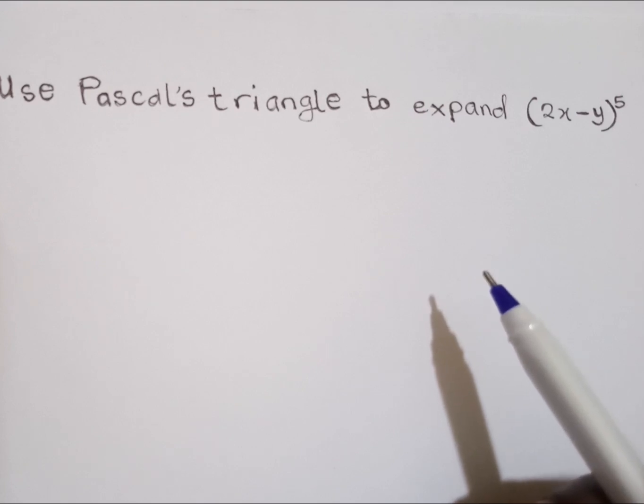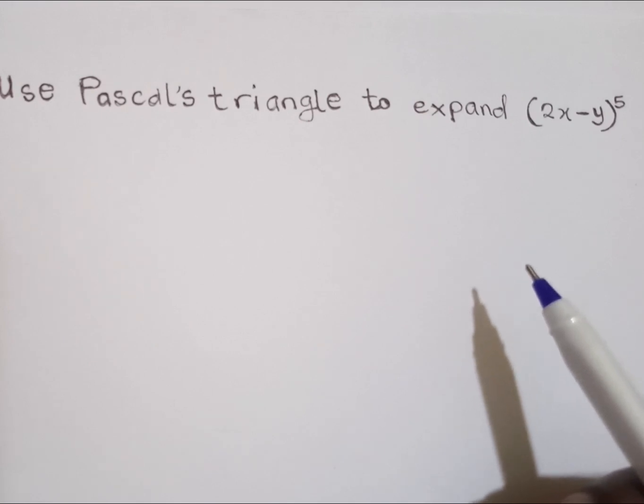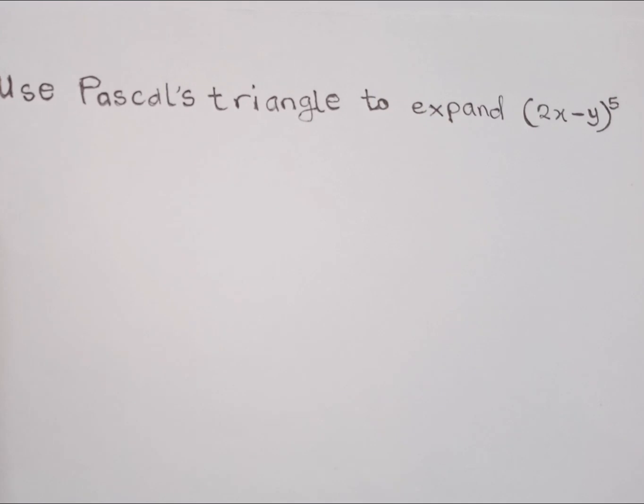Since the question is demanding that we use Pascal's triangle, let's quickly generate it. And mind you, the exponent is 5, so we are going to generate up to 5. But if you have followed the pattern well and you know the coefficients, you can just quote the coefficients for exponent 5, go straight to the point and calculate the expansion.